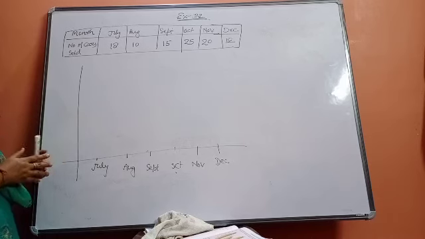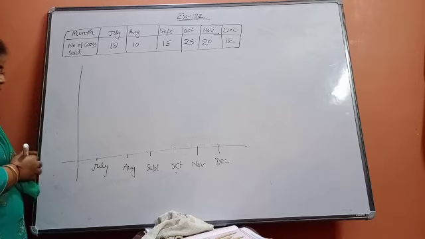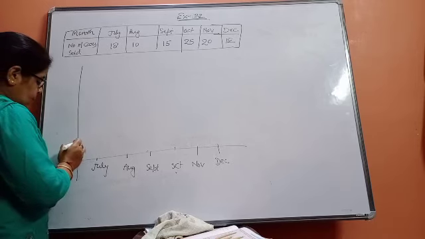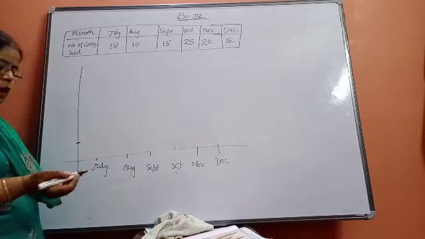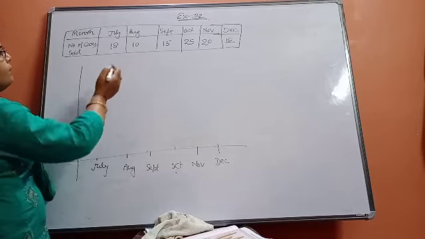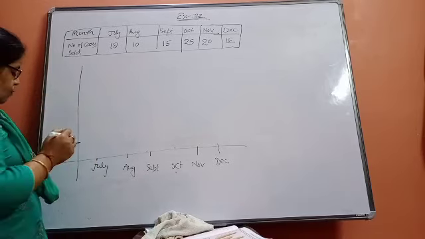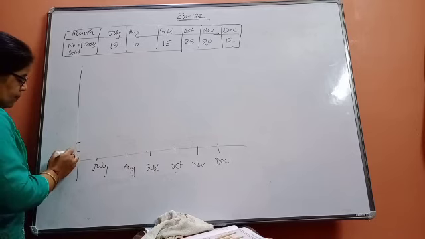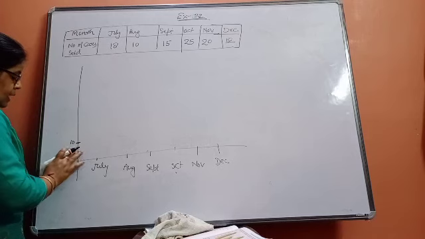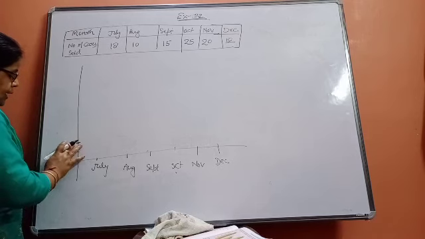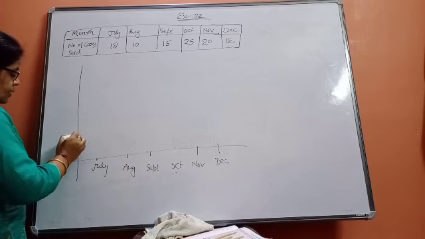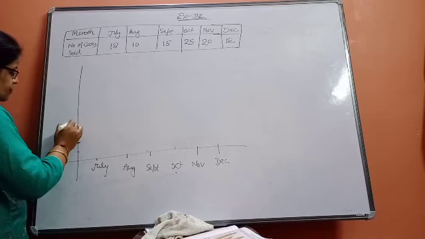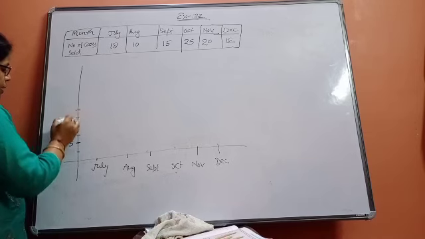Here I do not have a graph copy, so how will I do it? You just make a gap; only till 25 is there. So one box is of 5 centimeter. Whether you take 5, 10, or like that, then 15, or 25.